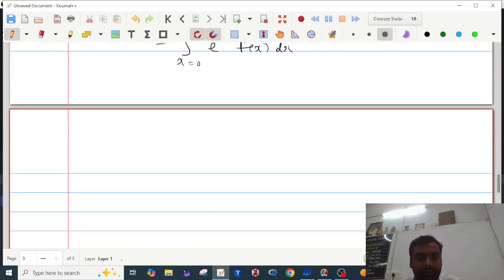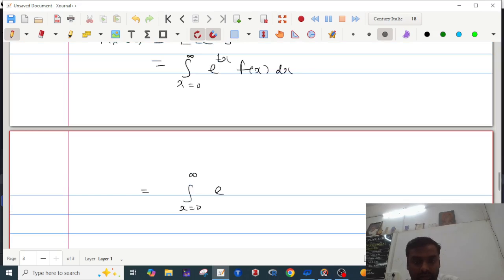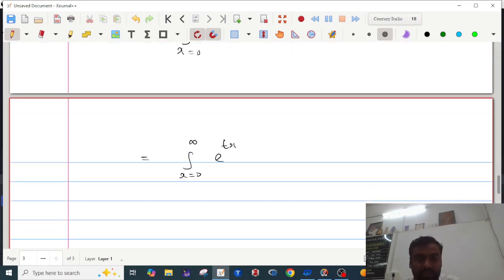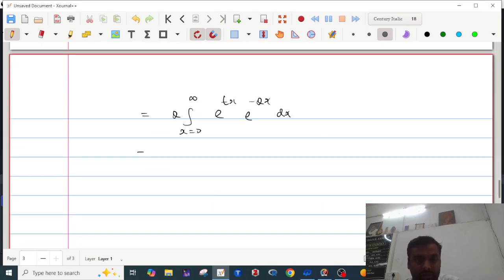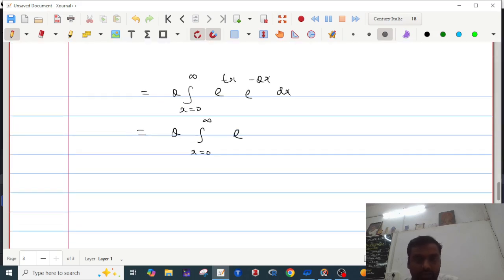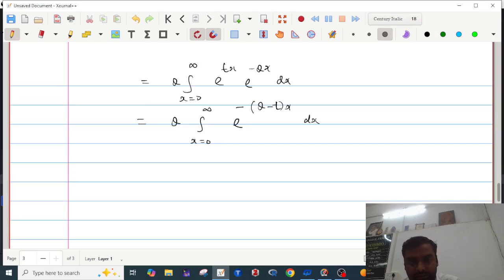Put the value of the PDF here: e raised to tx times fx, take theta constant outside, e raised to minus theta x, theta into e raised to, take the minus sign outside, so this will be theta minus t x dx.